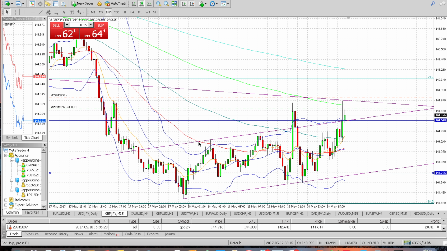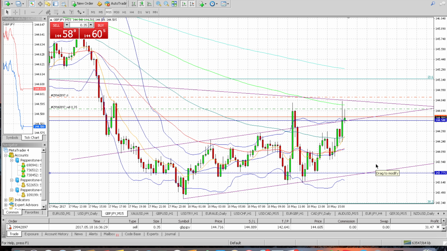So let's have a closer look at how to trade channels. When you look at channels, price moves and bounces between those two channel lines. When the price comes into a channel and breaks out in the same direction as the channel, this pattern is called a flag pattern.